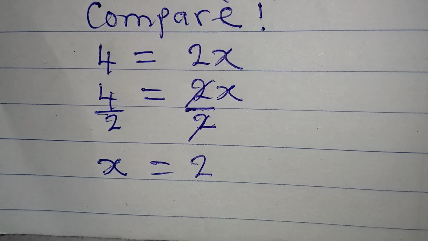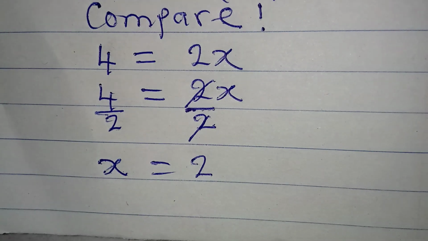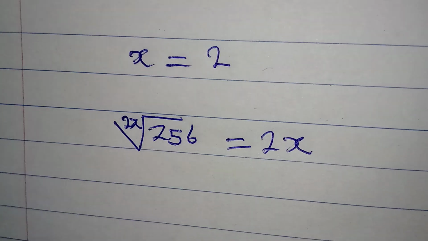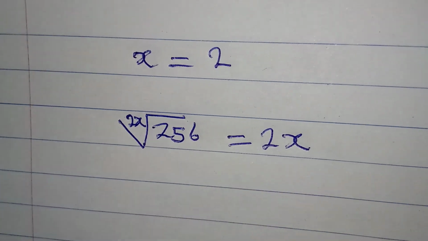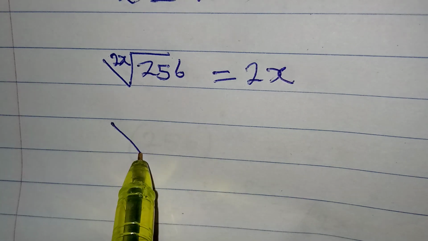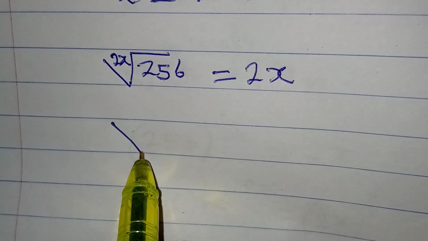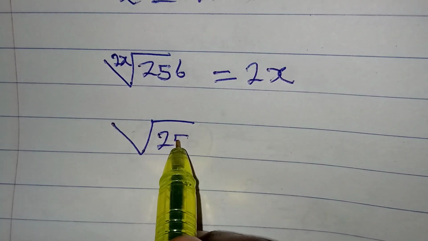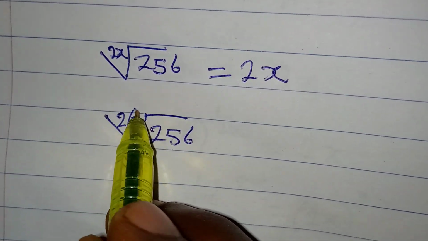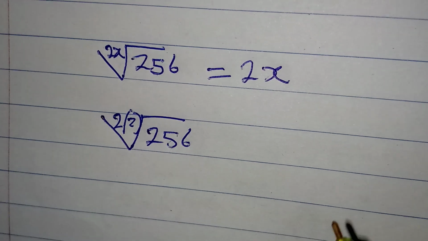But then let's go back to the original equation and check, because we might not be correct, right? Okay, so this is the original equation. Now I have to put in the value of x, meaning I'm going to have 256 in here, and here we have 2 multiplied by 2, because x is 2, right?